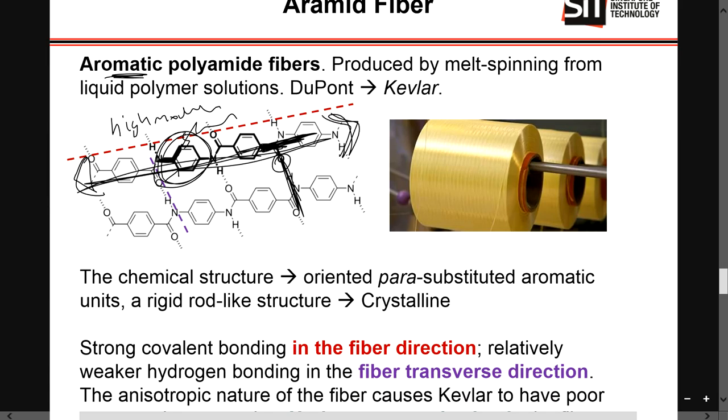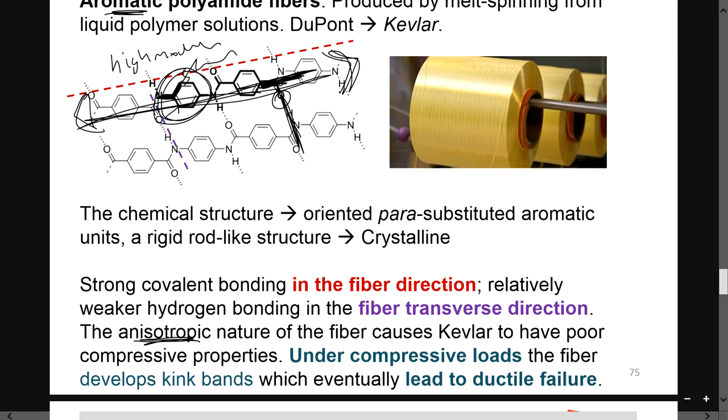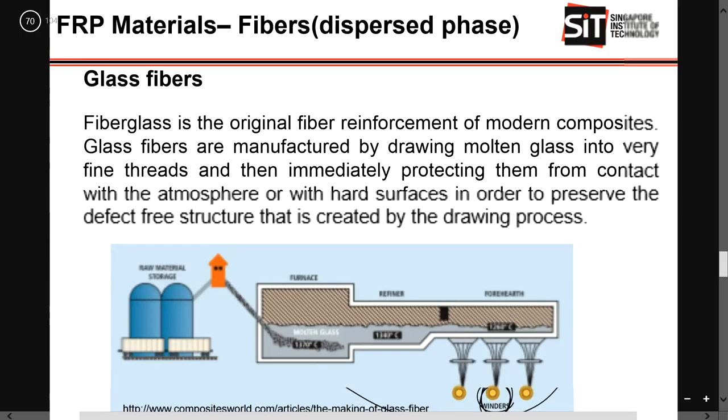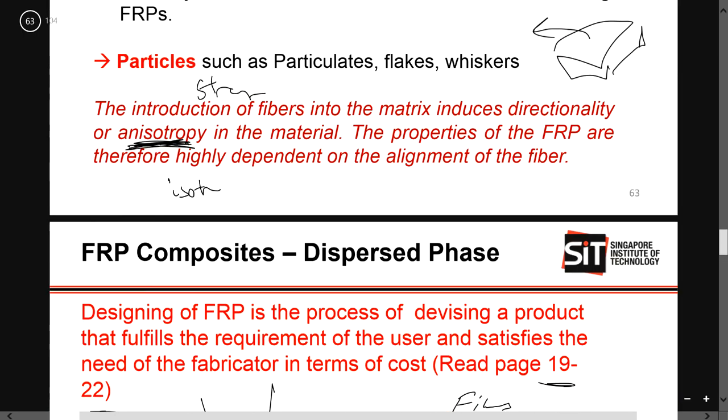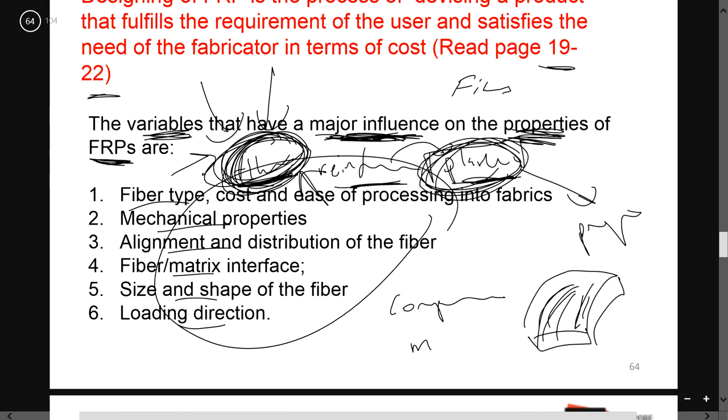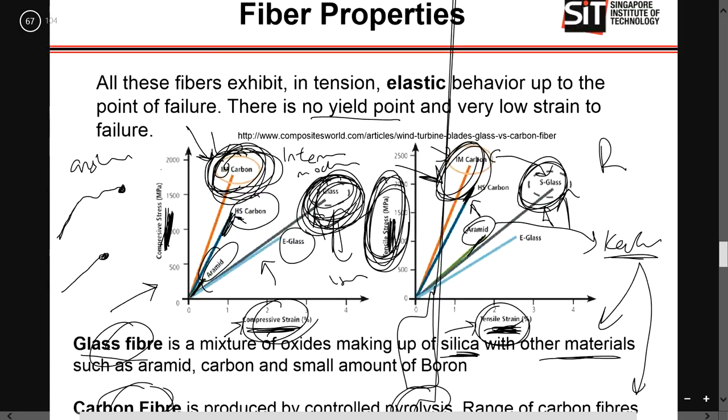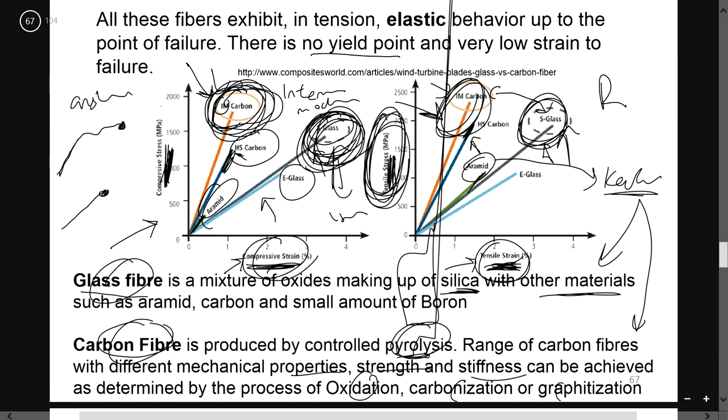So this is the aramid fibers. This nature of the Kevlar, which is anisotropic, actually gives it very poor compressive properties. This can be reflected all the way back to the graph that I showed you in previous videos, where we have this chart. For compressive, as you can see, aramid is very low over here.